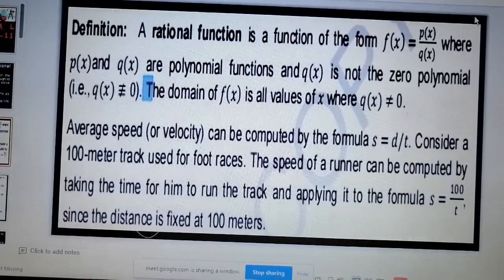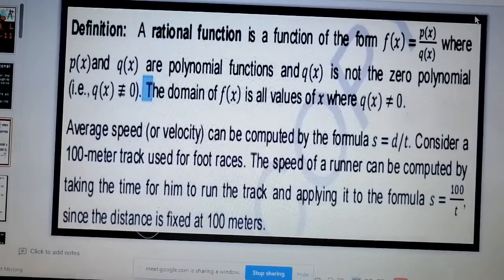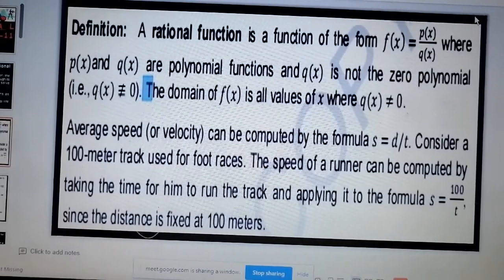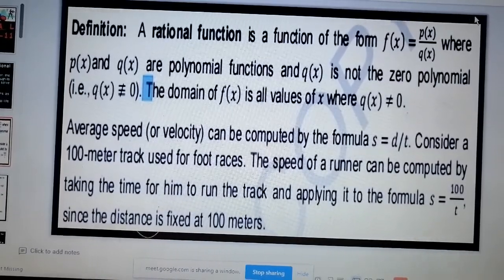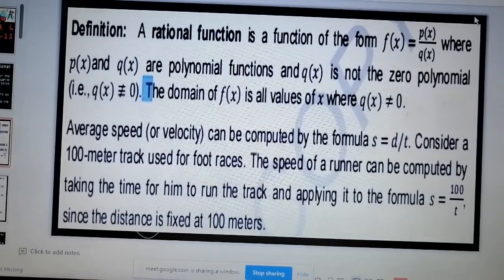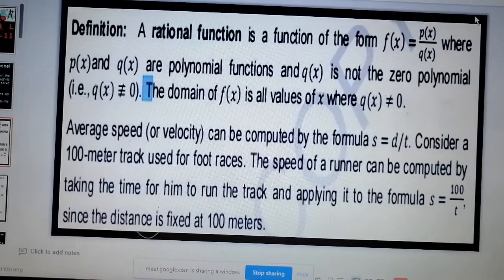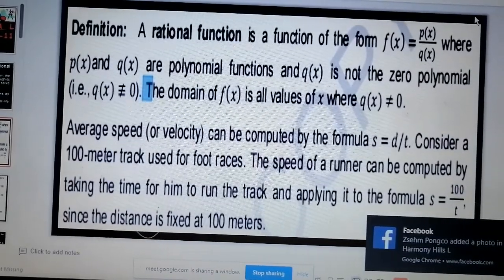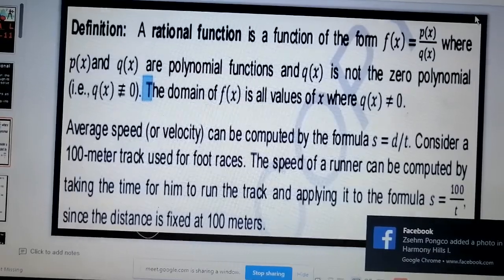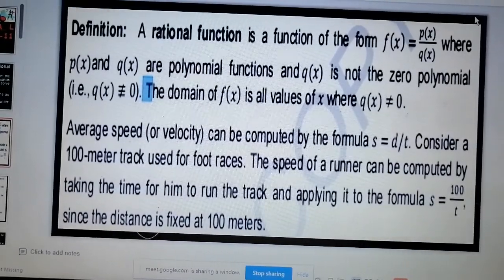Pag domain ay x. Kapag range, y. Okay. Hindi na kasi makikita yung x and y, so ang lagi nyo nang maririnig ay domain and range.